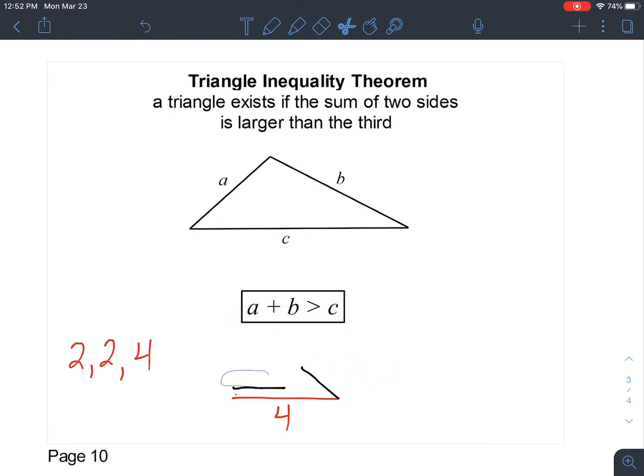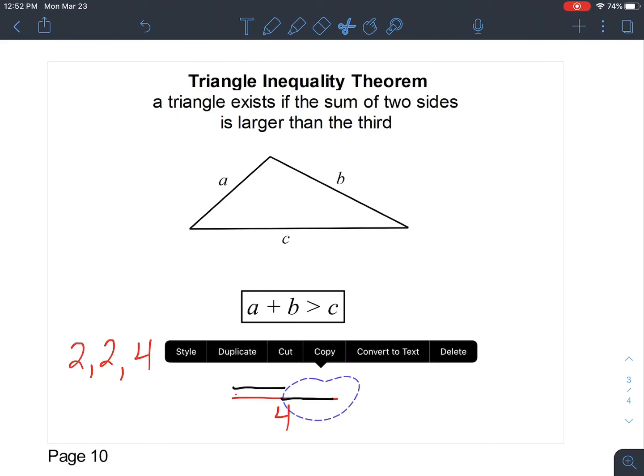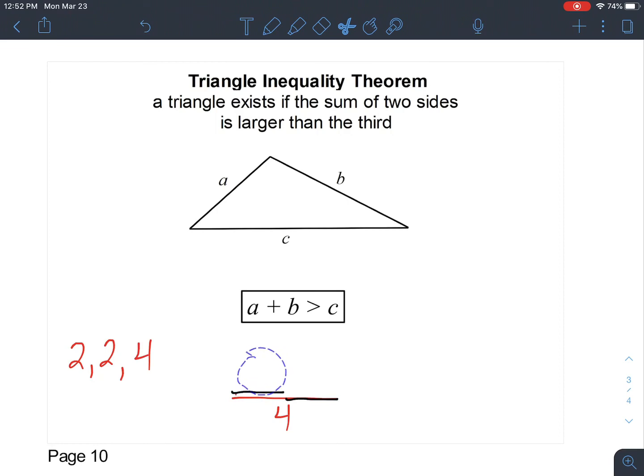So if the red there is 4, and each of these are supposed to be 2, well, there's no way that they're ever going to connect with each other unless they're down here and they're laying right on top of the side that was 4.